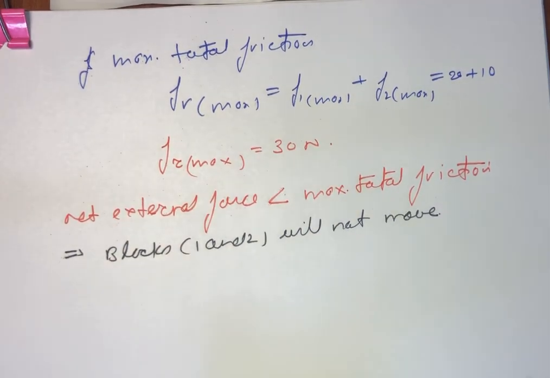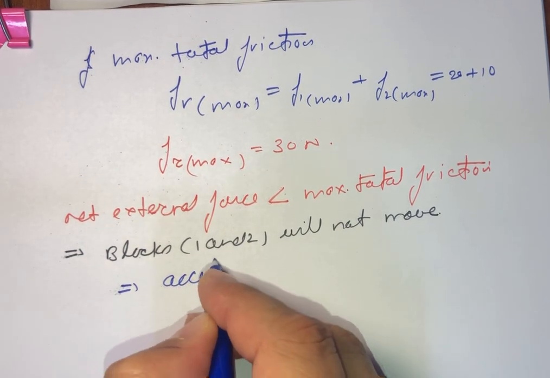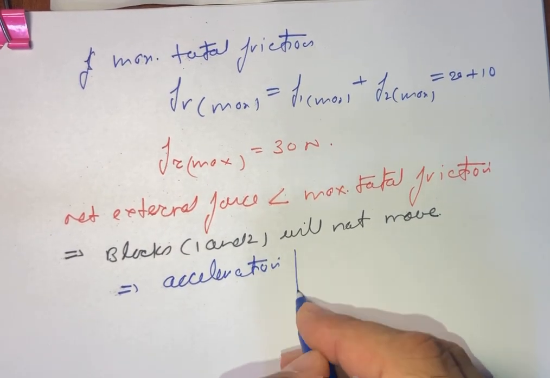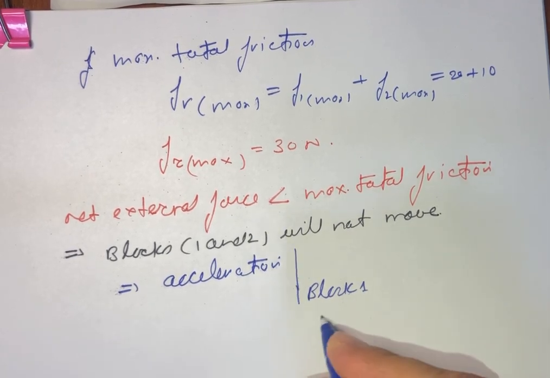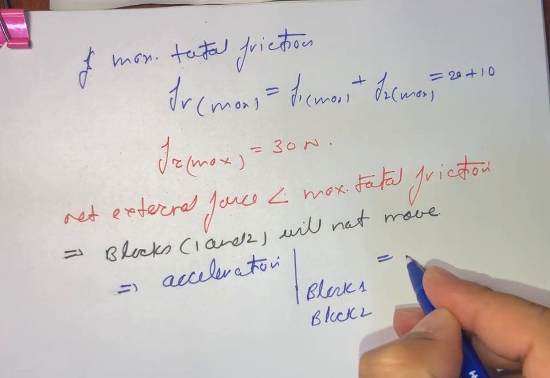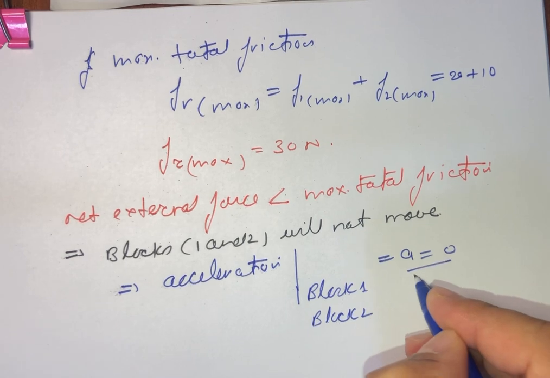In simpler terms we can say that the acceleration of block 1 and block 2, let us denote it as A, is equal to 0.